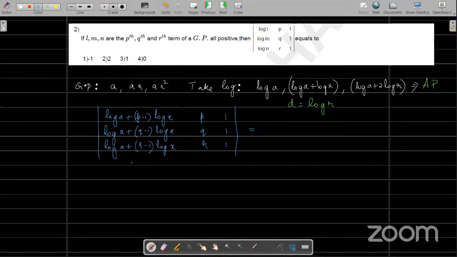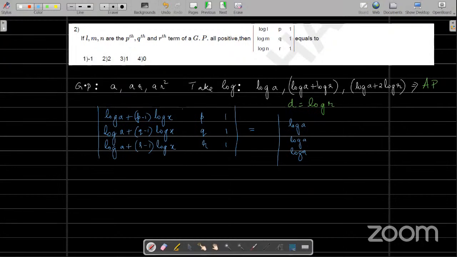Now, once we have written this, we can see that this itself can be written in terms of log A, log A, log A, because there is a plus sign, right?